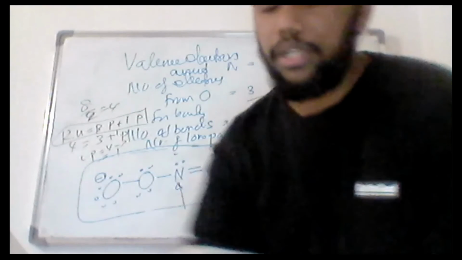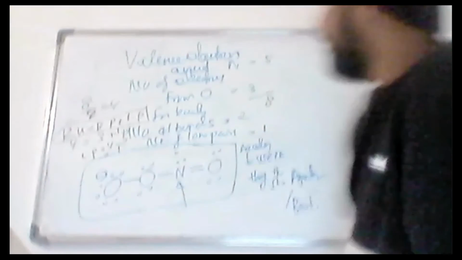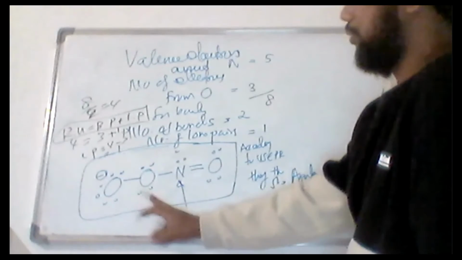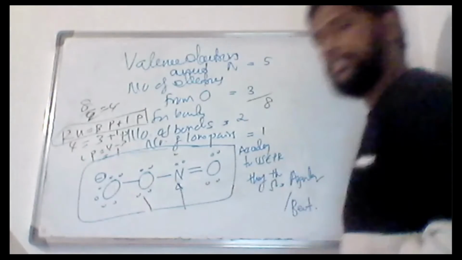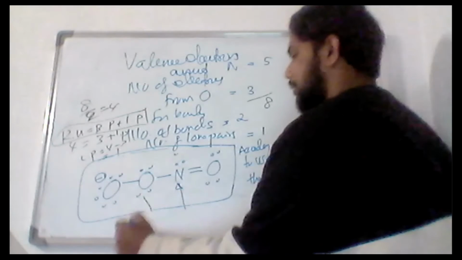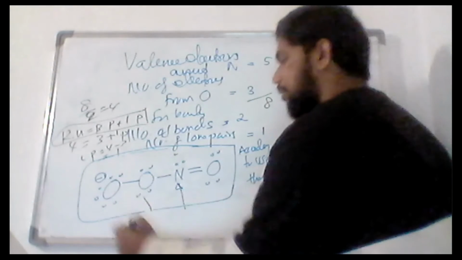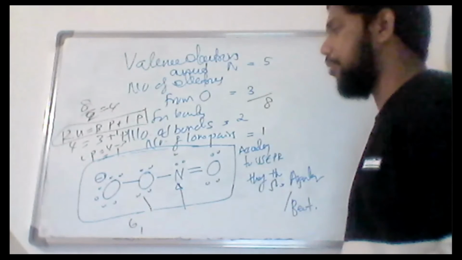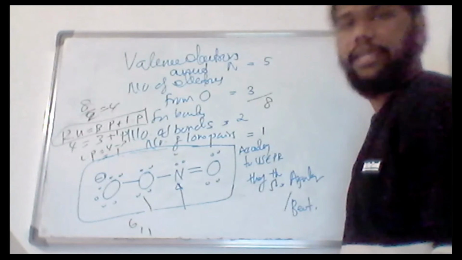That is one. The second one is oxygen attached to both nitrogen and oxygen. So this one. Okay. So you can write down number of valence electrons around oxygen 6. Number of electrons from oxygen for bonding 1. Number of electrons from nitrogen 1. So total number of electrons again 8.